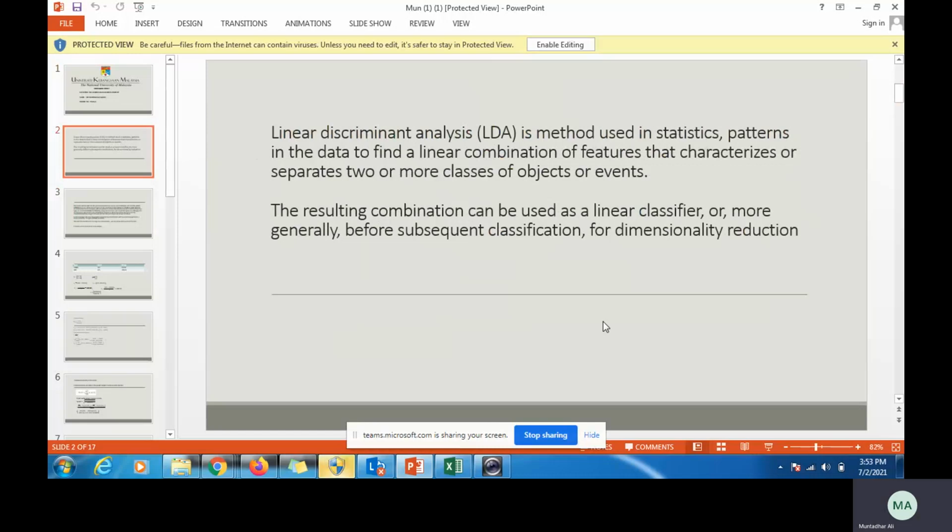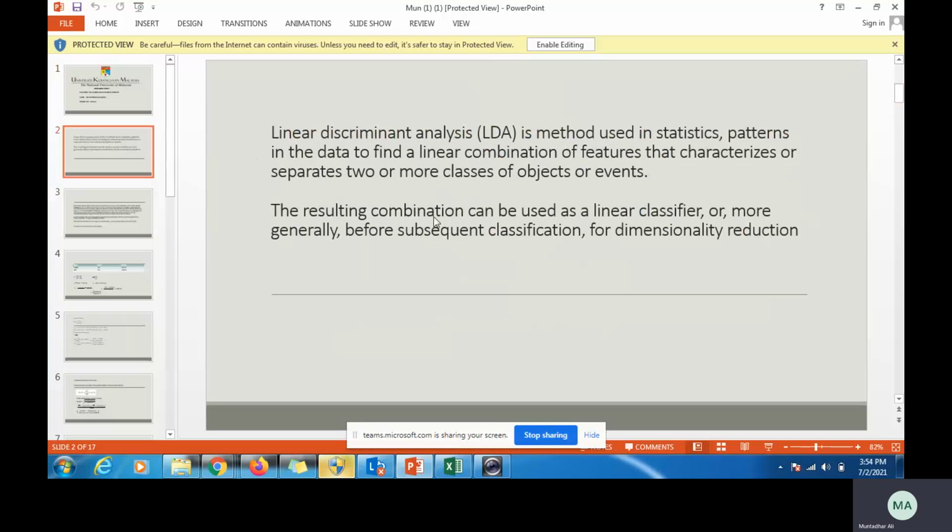Here I'm talking about linear discriminant analysis, LDA. It is a method used in statistics to find patterns in the data, a linear combination of features that characterizes or separates two or more classes of objects or events.